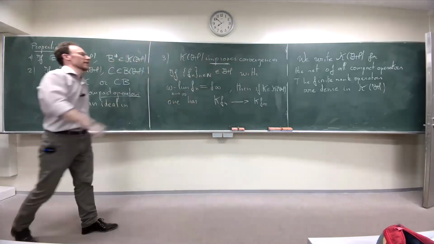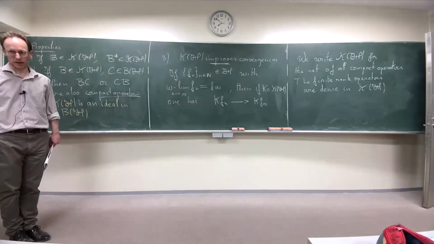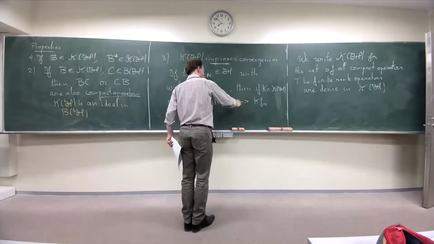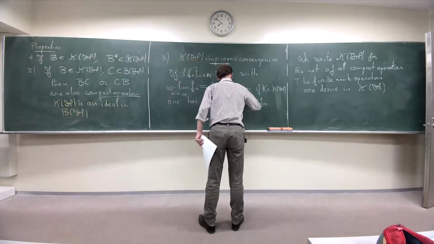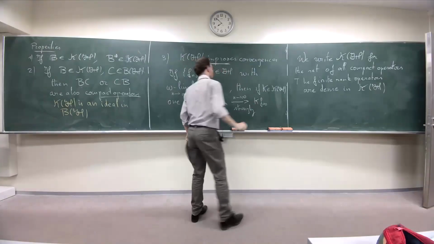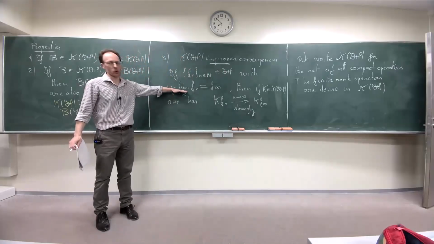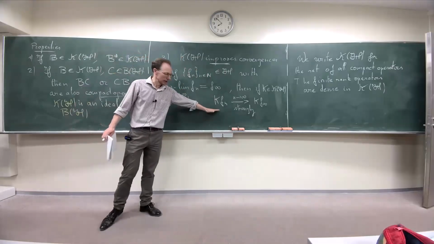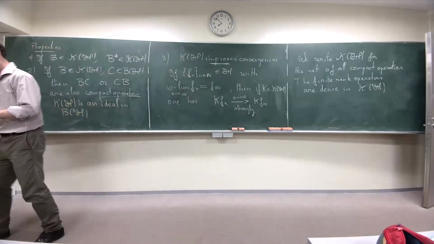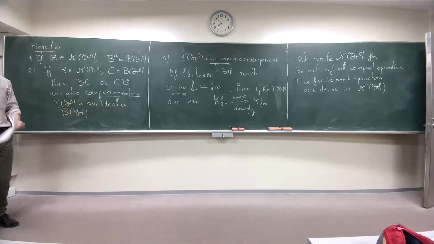Now, if you understand that it improves convergence, it means it converges strongly. KFn converges, as n goes to infinity, strongly. So it's improved in this sense. Something which was converging only in scalar product, now it converges in norm. And you have something similar. So you have two properties like this, but I state only one. So compact operators are useful.